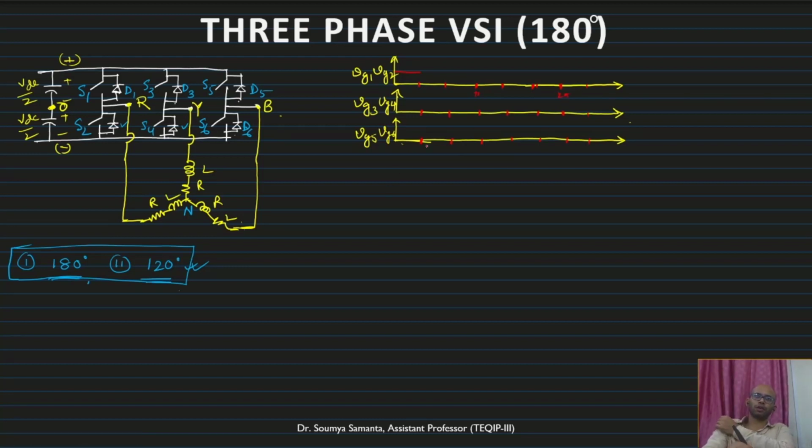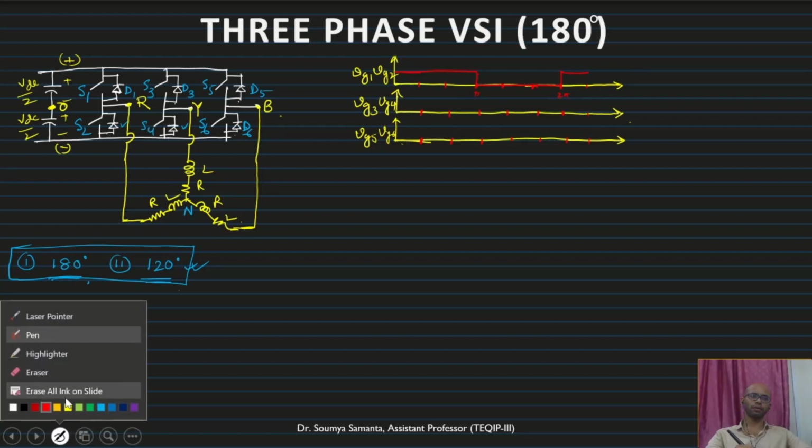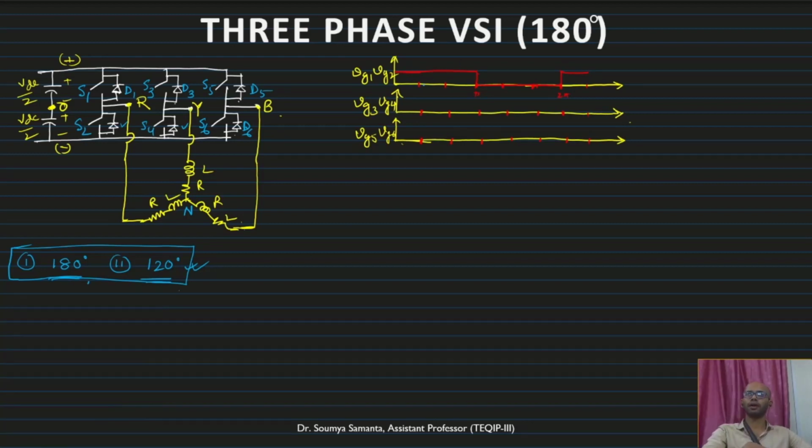Okay. So now red phase. What I have told, let's start with switch 1. Switch 1 will be conducted for 180 degree and then it will be turned off for the next 180 degree, then again it will be turned on. Now let us draw another one. What will be the switch 2 status?